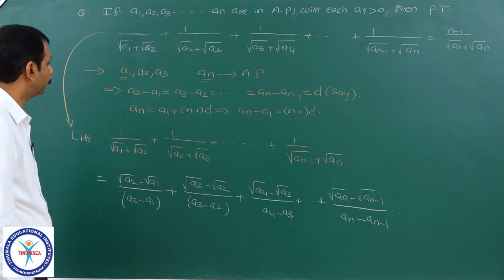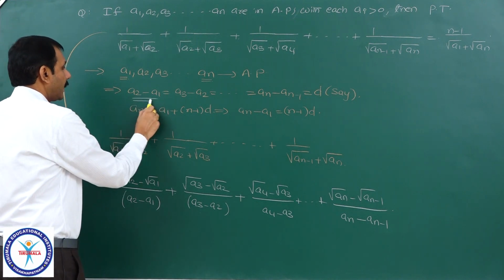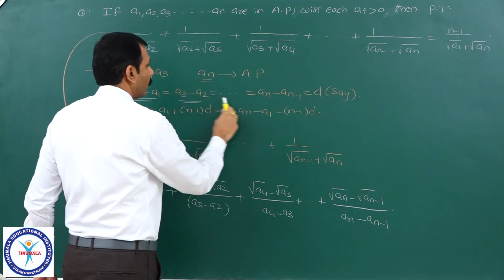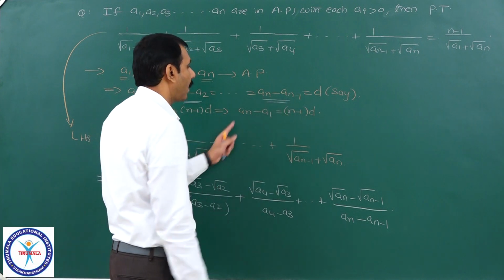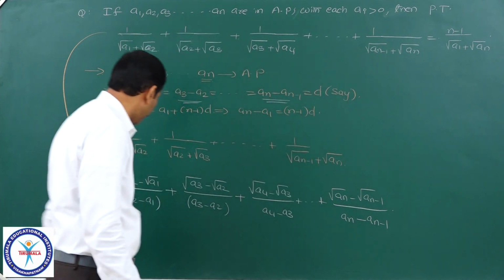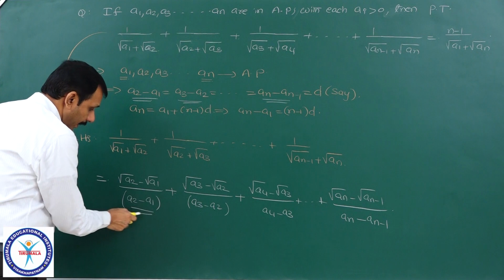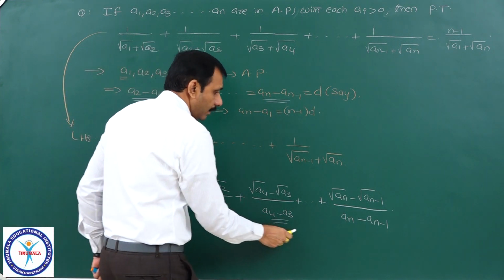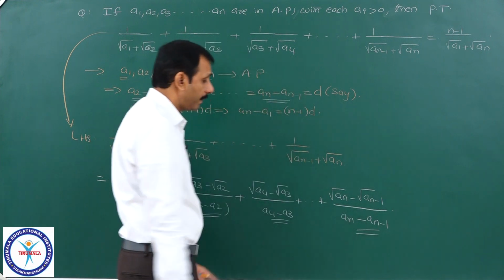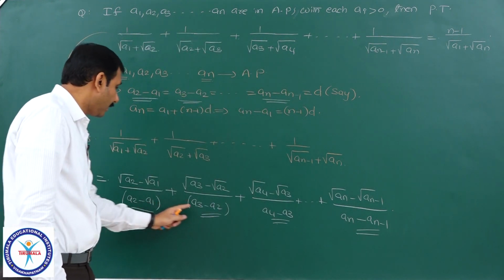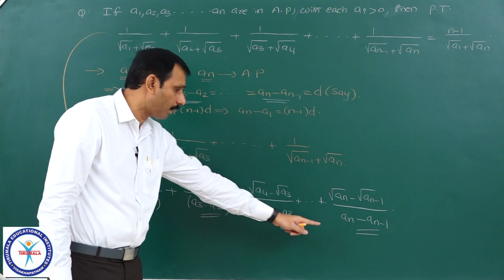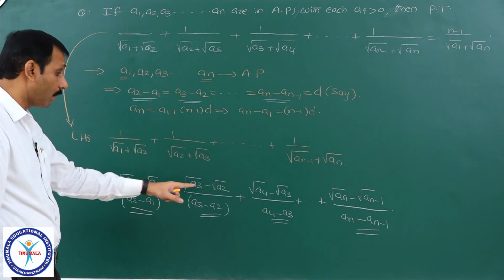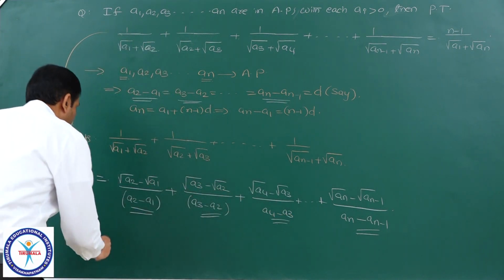Now you observe a2 minus a1, a3 minus a2 and so on, an minus a(n minus 1), all are equal and equal to d. That is, second minus first, third minus second, fourth minus third and so on, because all these are in AP, all these denominators are equal to d only. I will take the d common.